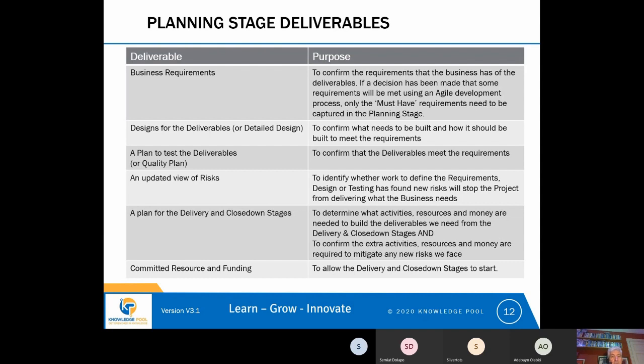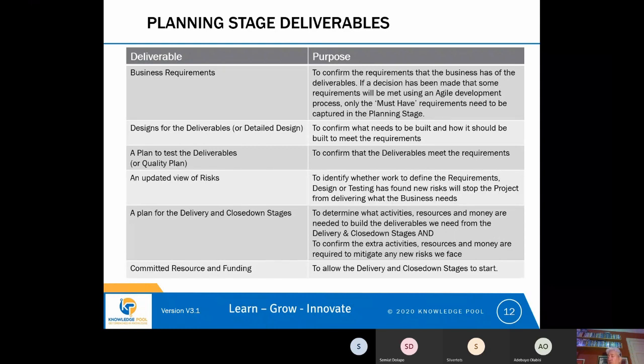The next deliverable will be an updated view of risks, because as we've defined more requirements, as we've refined our designs, and as we've planned how we're going to test those deliverables to see that they meet the requirements, we will discover new risks, we'll discover more risks.